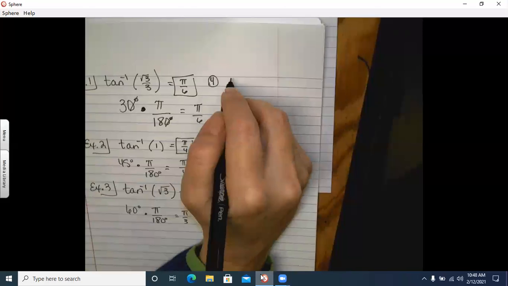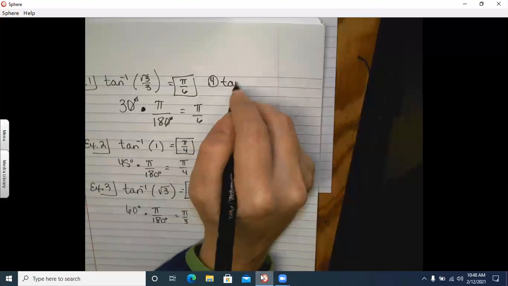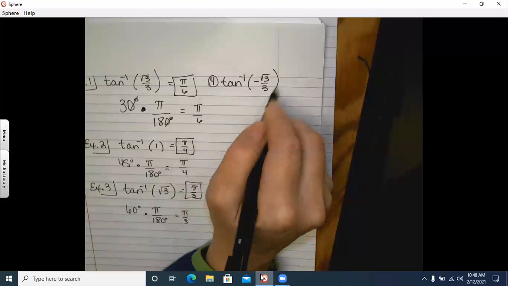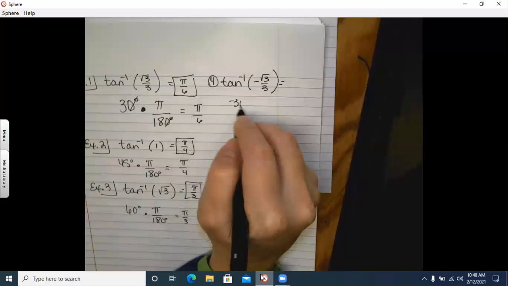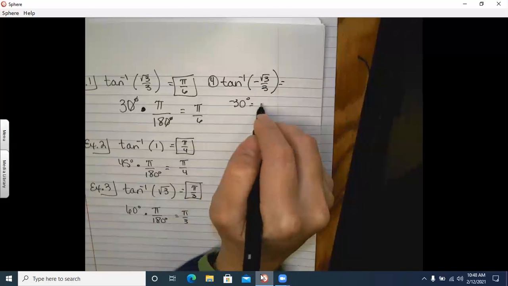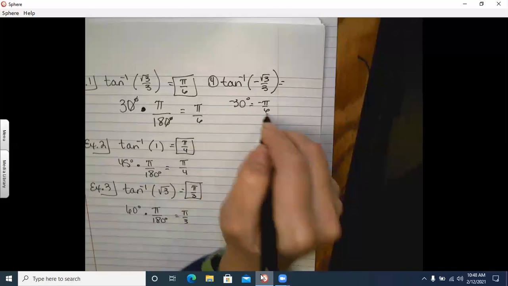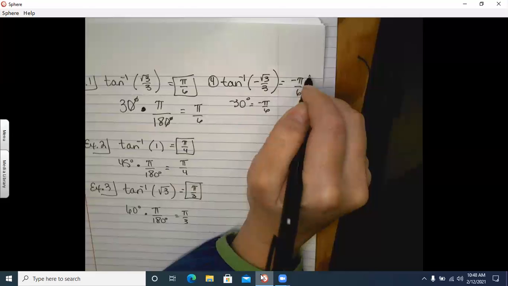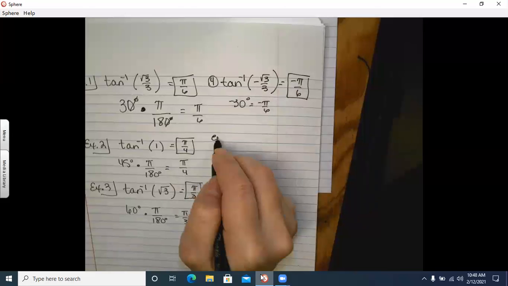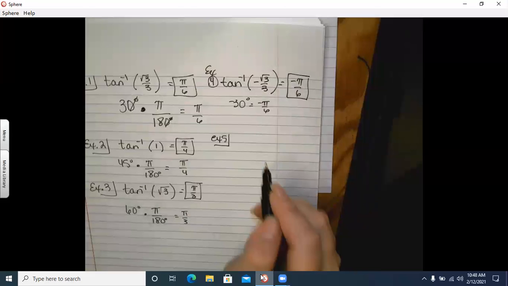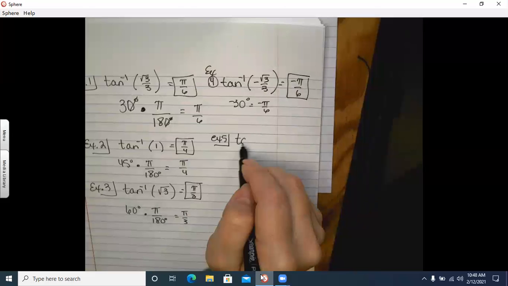Let's do the negative. What is the inverse tangent of negative square root of 3 over 3? Negative 30 degrees, which is going to be what in radians? Negative pi over 6. Example 5. What is the inverse tangent of negative 1?